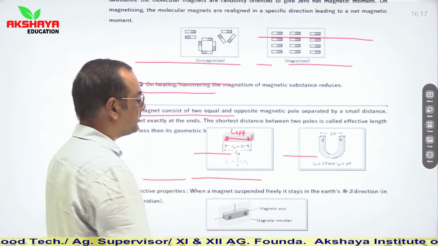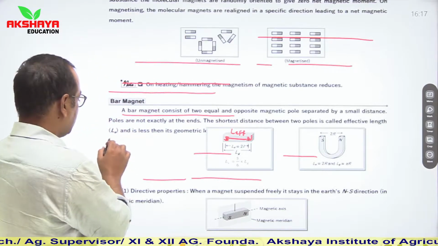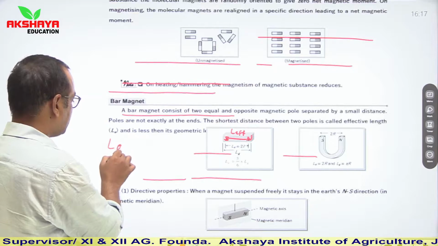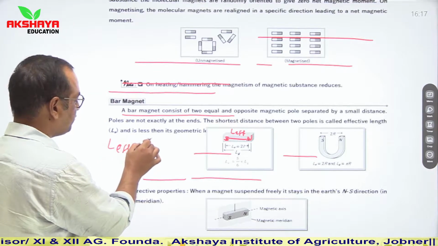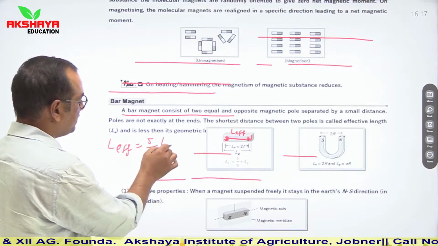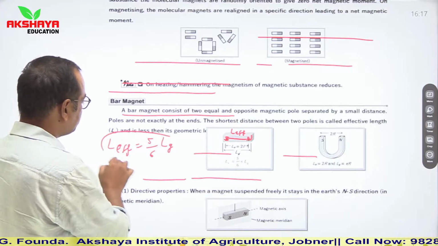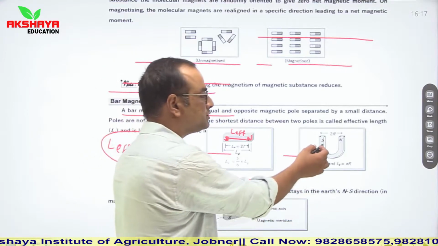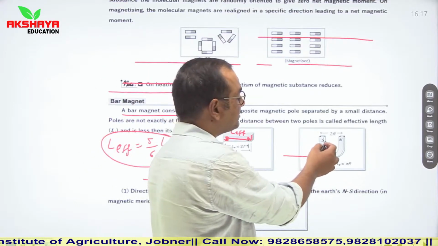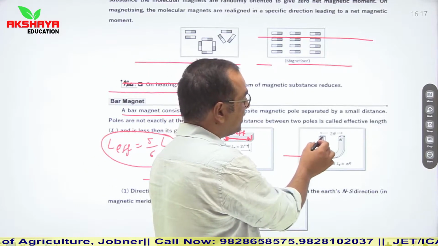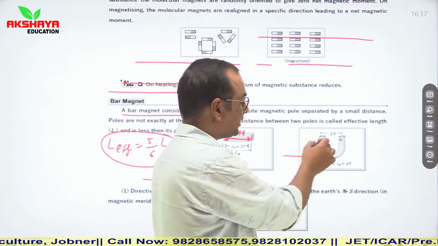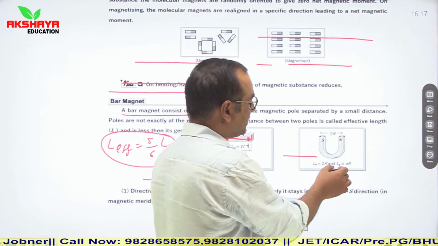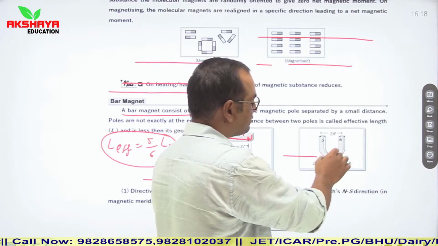Generally effective length, L effective, is equal to 5 by 6 times the geometric length. This is the relation between effective length and geometric length. If we talk about a U-shaped bar magnet, in this U-shaped bar magnet, effective length is 2r, and geometric length is pi r from here to here.